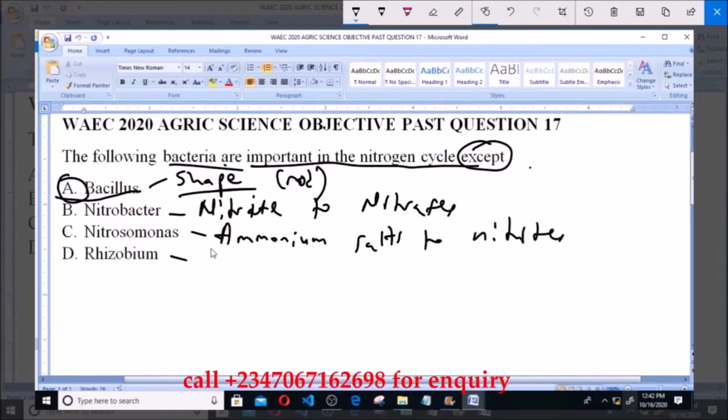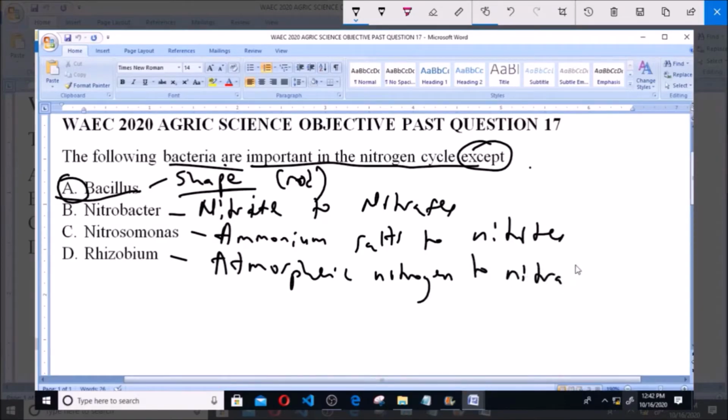And option D says Rhizobium, which converts atmospheric nitrogen to nitrate. So these are the functions of these three bacteria. So as you can see, in the nitrogen cycle they perform these functions, and hence they are important to the nitrogen cycle apart from Bacillus. So option A, Bacillus, is the correct answer to this question.